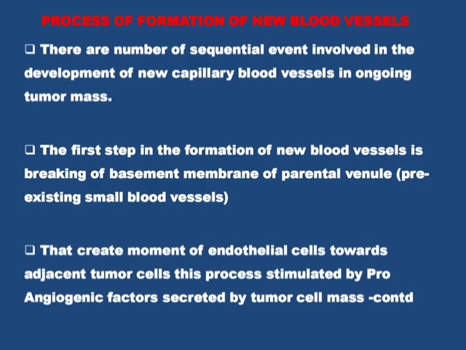Apart from this, some endothelial progenitor cells formed in the bone marrow travel through the blood circulation. They reach the area of angiogenesis and then help in the formation of these vessels.